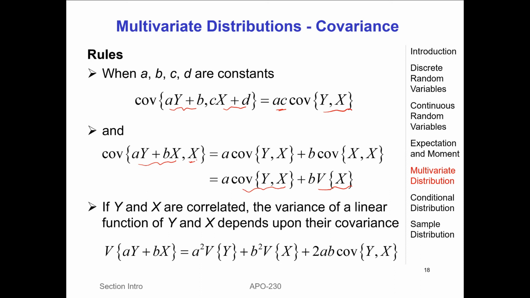Because a, b are constants, you can just pull them out, and then at the end you have this result.